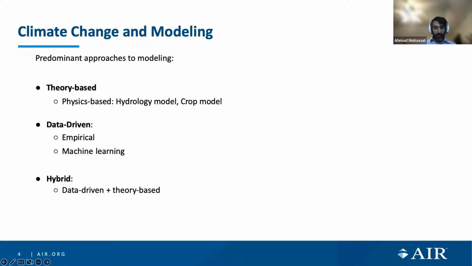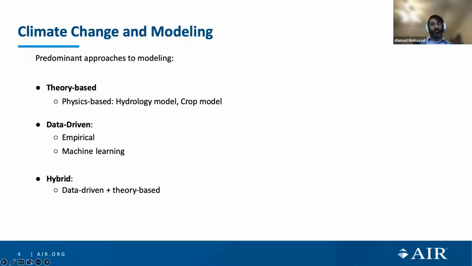So, giving you an overview of what we exactly mean when we're talking about modeling, especially on this occasion. You might have heard the word modeling, and it could have different meanings. Some models are theory based, which means that they are represented by an equation, and many of them derive from physics-based models, for example, a hydrology model.